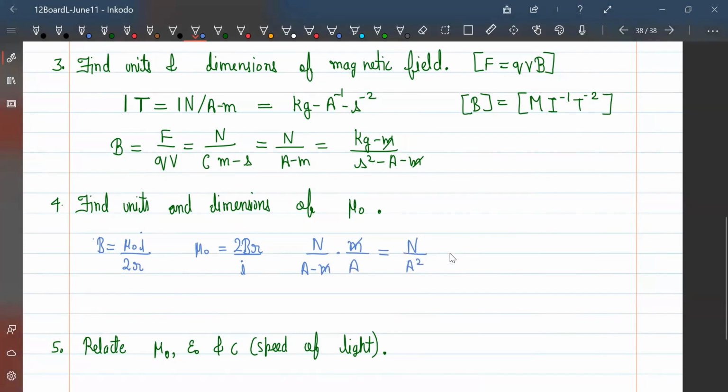And if you want to write it in fundamental units, so kg meter per ampere square second square. That will be the unit. And then what will be the dimensions of B? Nupur? Dimensions को क्या लिख सकते हैं? From here.